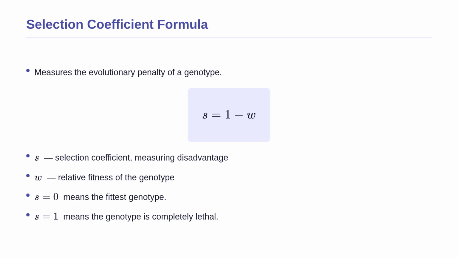Lowercase w is the relative fitness we just learned to calculate. This formula tells us the exact proportion of fitness lost compared to the most successful genotype. If S equals 0, the genotype is the fittest. If S equals 1, the genotype is completely lethal and produces no surviving offspring.